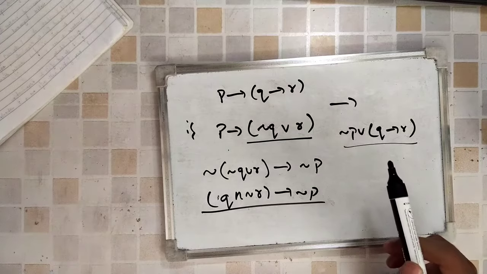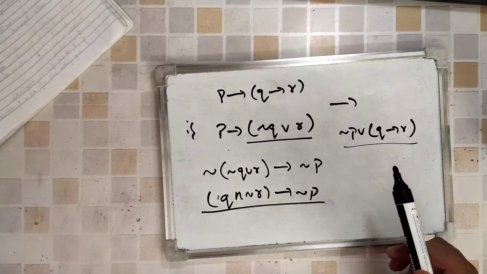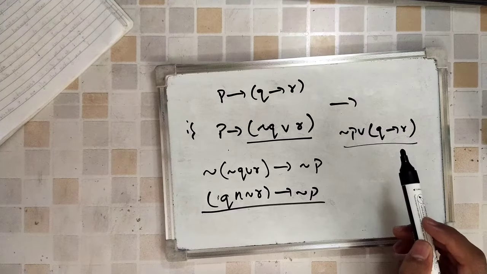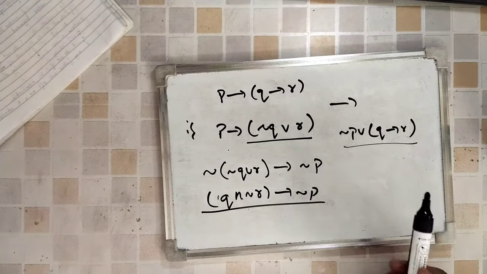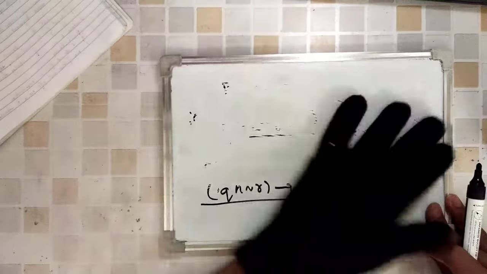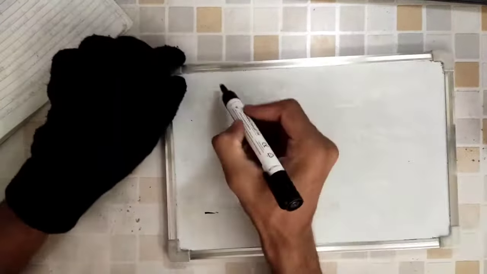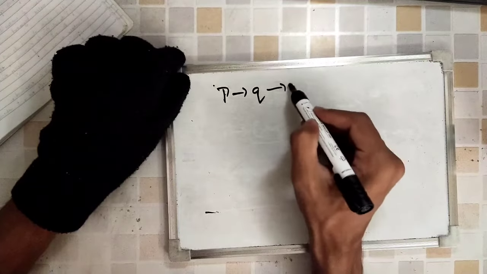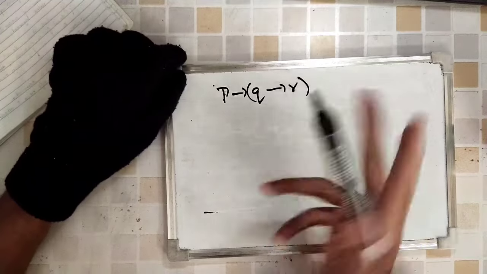Then another thing they said, we have to simplify further. Sorry, one thing I missed here. P implies q, which implies r. What's the contrapositive of this?